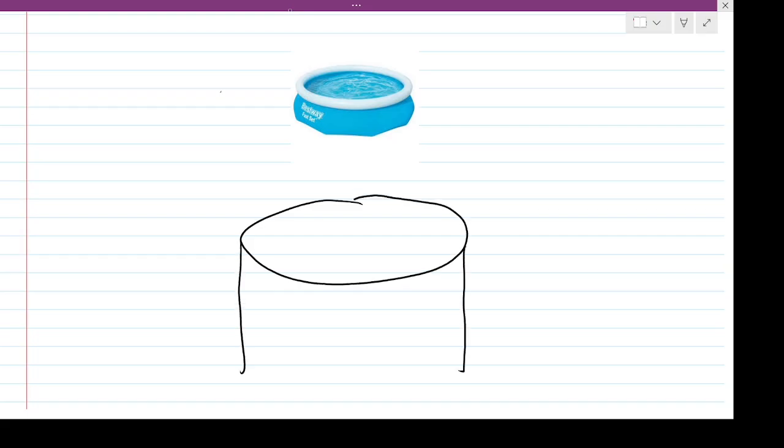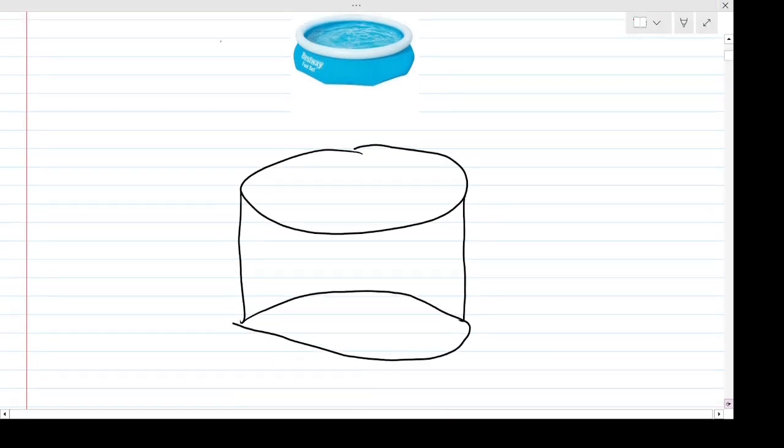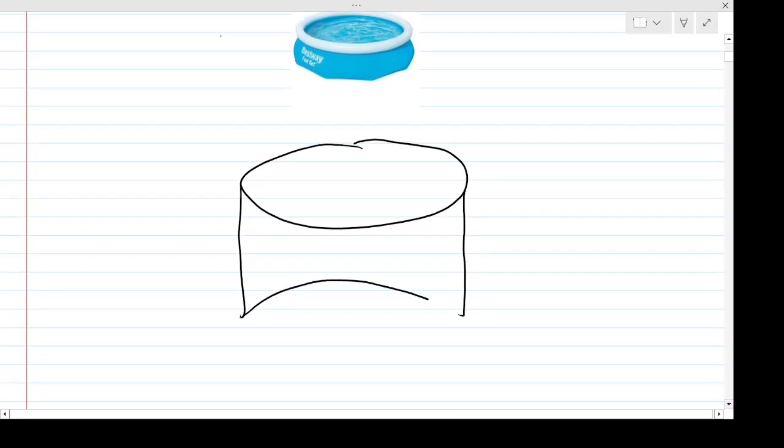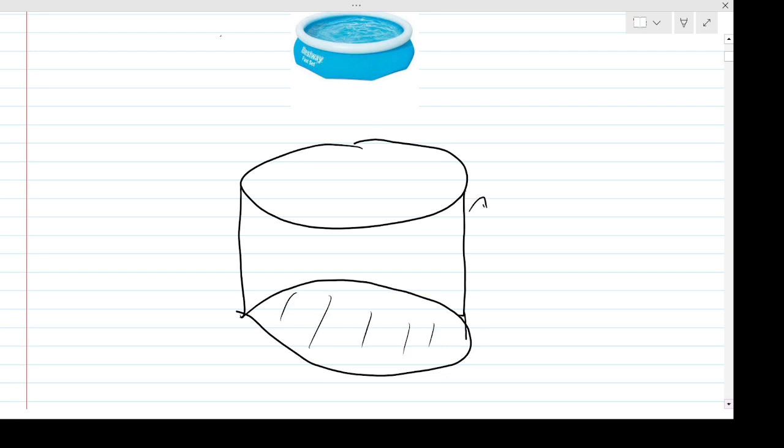So if I draw a cylinder which represents this pool, let me draw it a bit better. Okay, there we are. So a paddling pool is something like this, a cylinder shape. It has a base, and then obviously the water fills up to a height of h, and then it's at the end there.